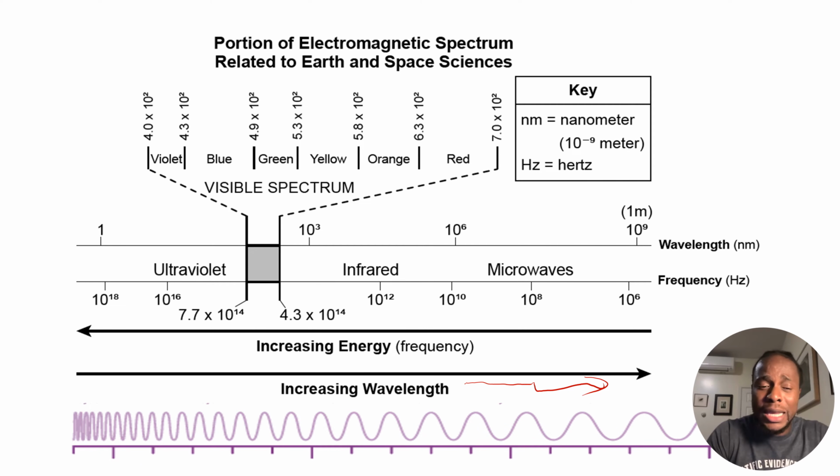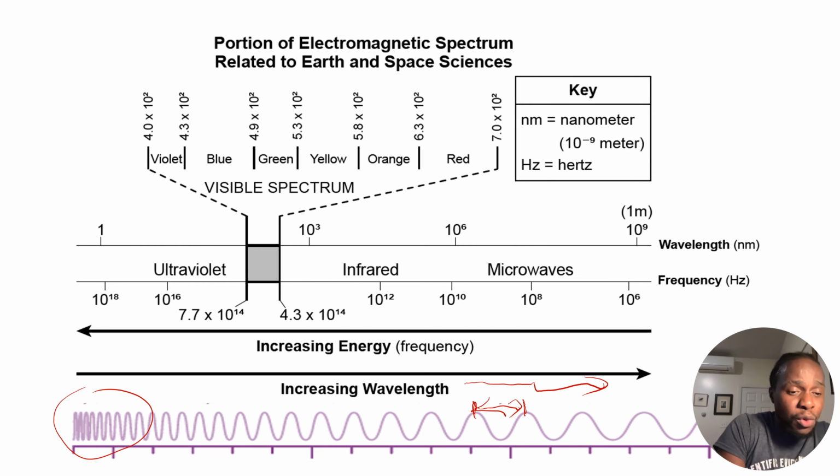What that simply means is that as you go to the right, the wavelength is increasing from one crest to another crest, so that the wavelength keeps getting longer and longer to the right. To the left is opposite. You see that the wavelengths keep getting shorter and shorter from one crest to another crest. We are way more packed together.